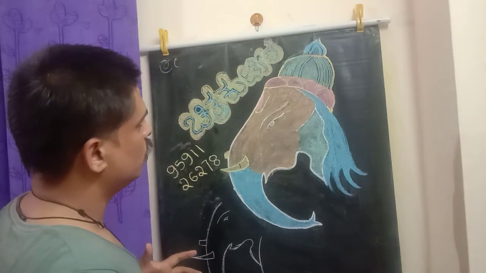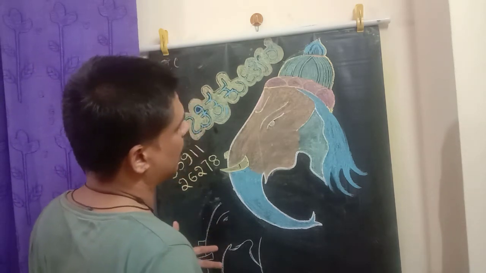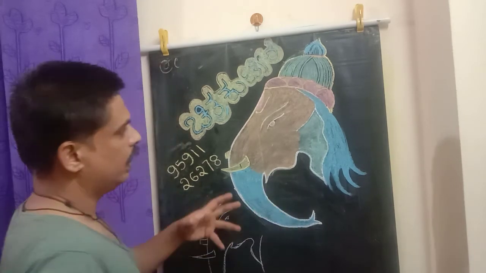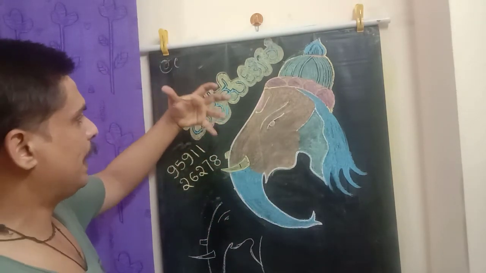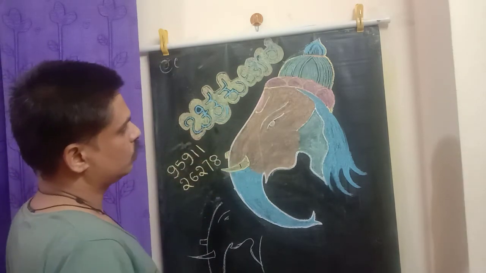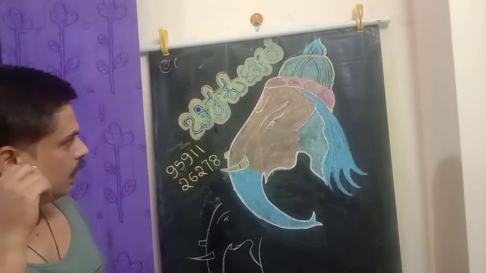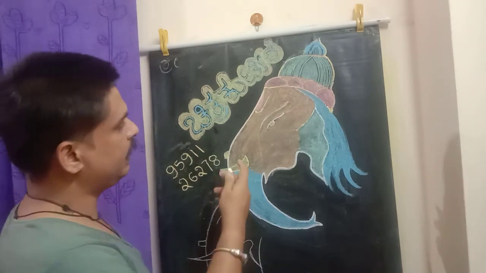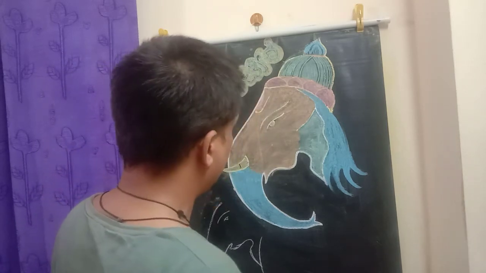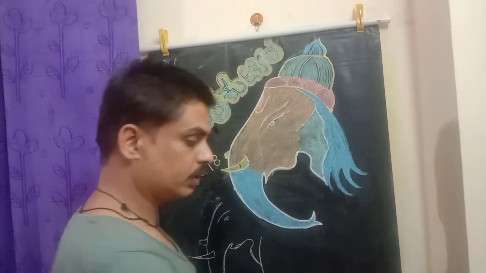So once you start doing the art, it has to give a better impression when you look into the art. I have demonstrated here a face of Ganesha, which has been done with different chalk pieces, and the coloring also done with different colors.